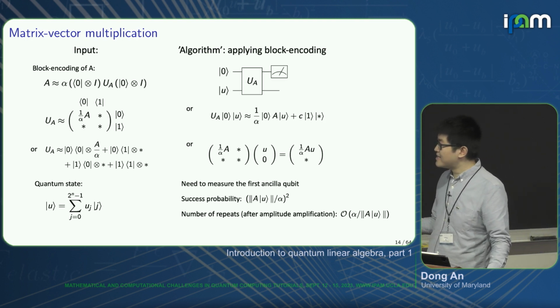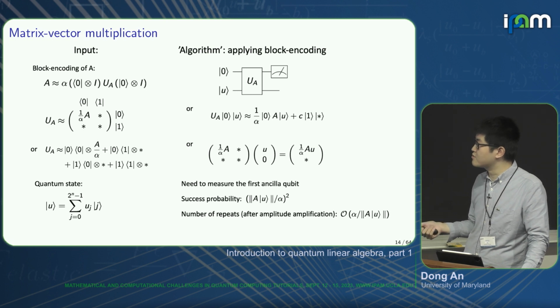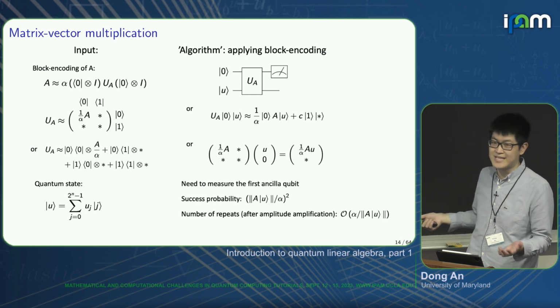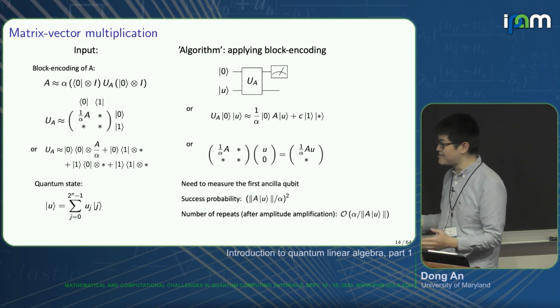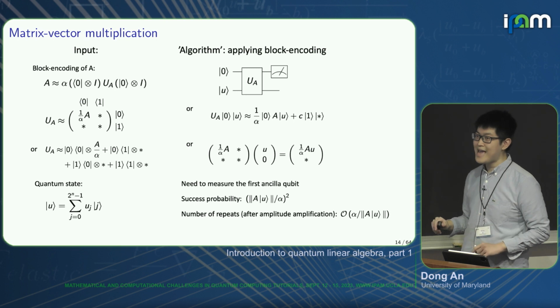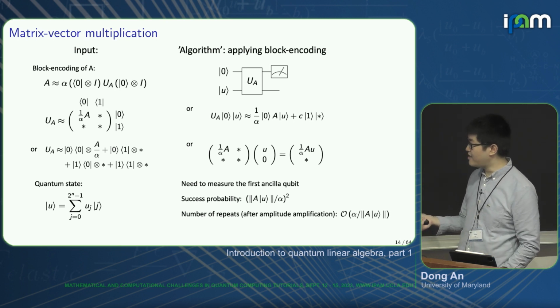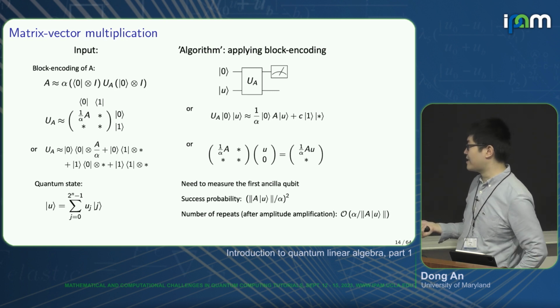The success probability is the magnitude of the first part, so it can be written as the norm of A times U divided by alpha, squared. If we want to succeed, we have to repeat, and the expected number of repeats is the inverse of the success probability, which is alpha squared over the norm of A times U squared.